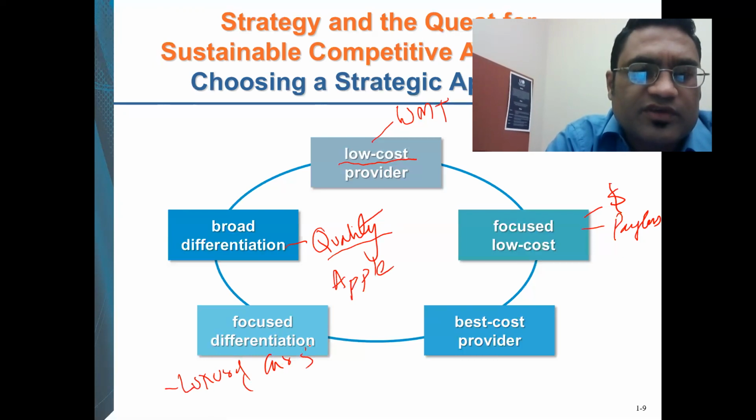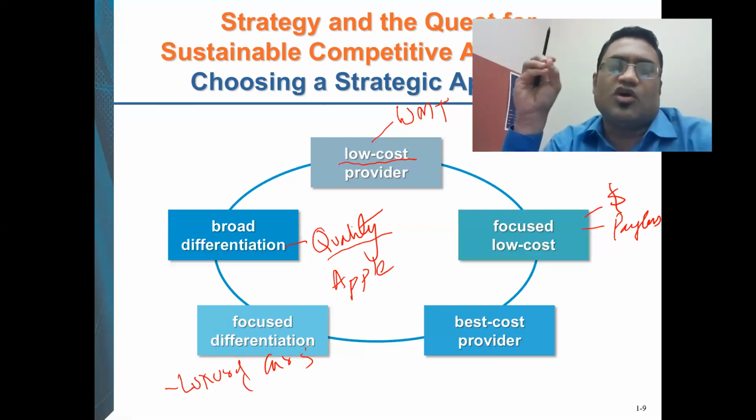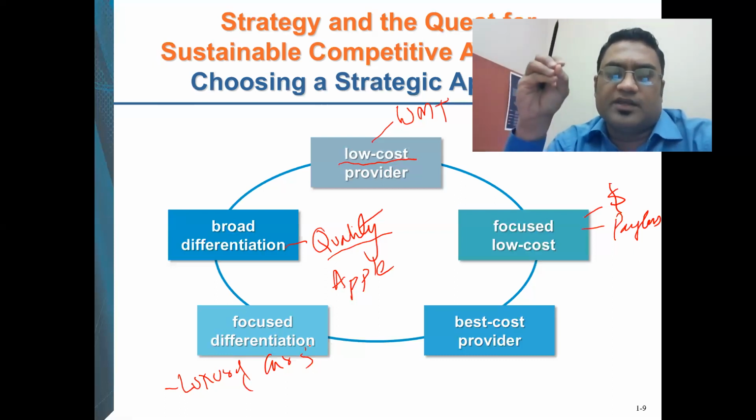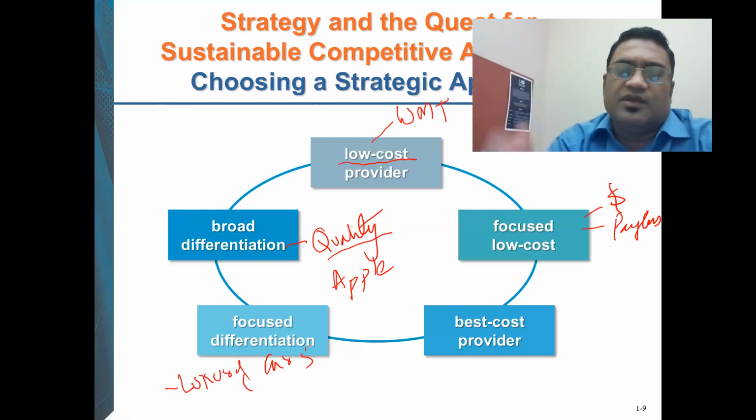So whenever we say focus, in focused low cost and focused differentiation, the focus is on a particular segment of the market. You're not catering to everyone. So luxury cars, luxury goods, you're charging a premium, and that's what focused differentiation is.